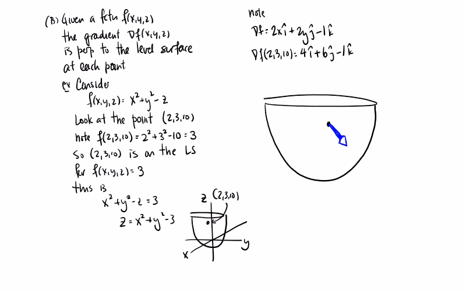It comes out of this paraboloid. It's perpendicular to the surface of the paraboloid right there. This is the vector 4i plus 6j minus 1k. It's coming forward and to the right. That's the 4 and the 6. And it's pointing a little bit down. That's the minus 1. This is perpendicular to the paraboloid.